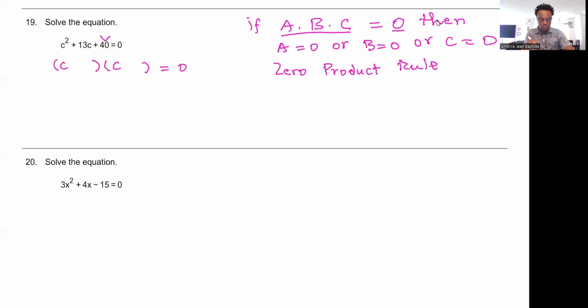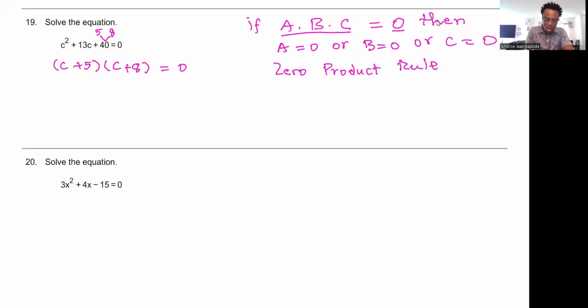What are two factors of 40 that the sum is 13? I feel like it's going to be 5 and 8. 5 times 8 is 40. And then add 5 and 8 is 13. So that makes it easy for me to complete my parentheses with the 5 and the 8. It does not matter which one you put first.